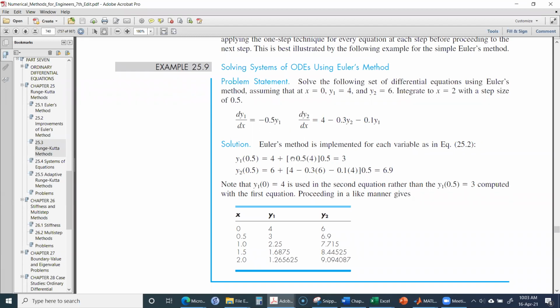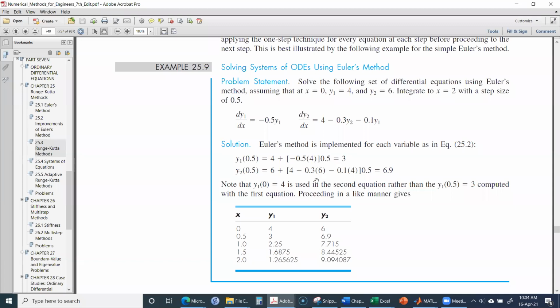The application of Euler's method to these equations is simple. We just individually apply Euler's method to both y1 and y2, and then we can find the answer one by one. For example, for the first application, we get y1 a value of 3 and y2 will be 6.9.